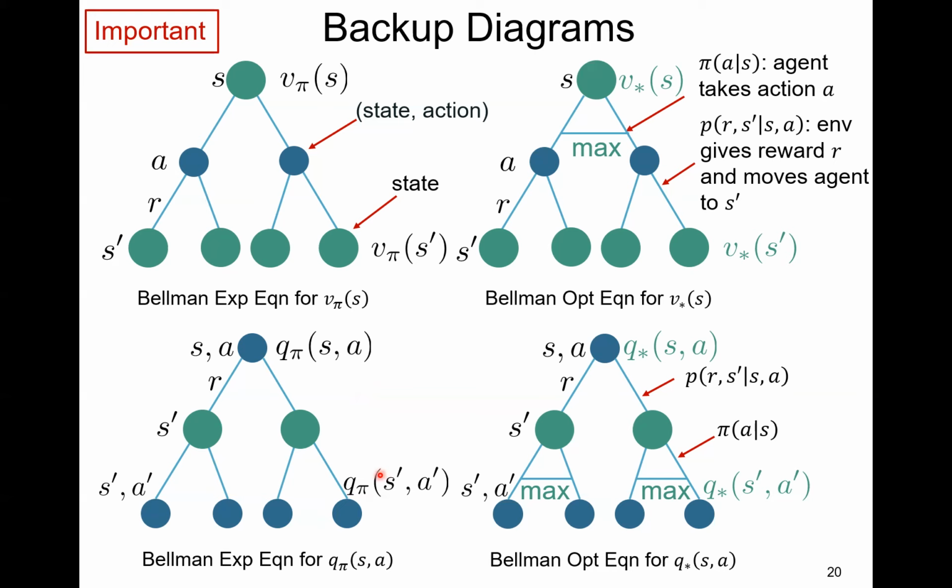So you can think of there's a large tree growing from the initial state S and branching with the branching factor of the number of possible actions in S, followed by another branching from the state action node, the blue nodes, with the branching factor of the number of possible next states for the given state action pair.